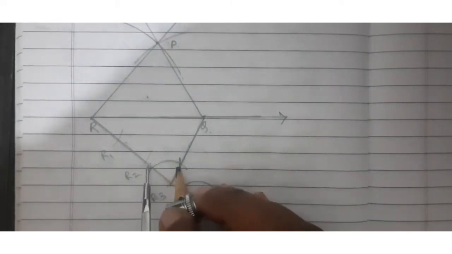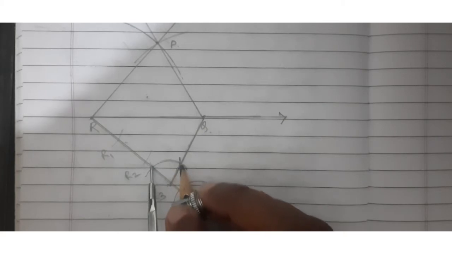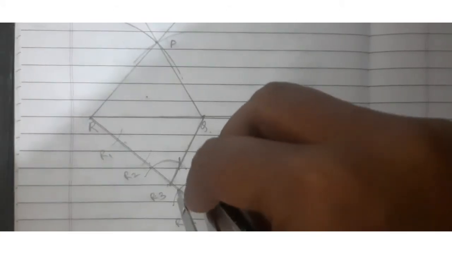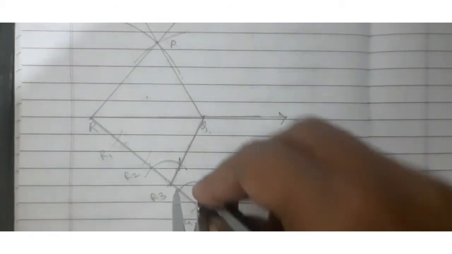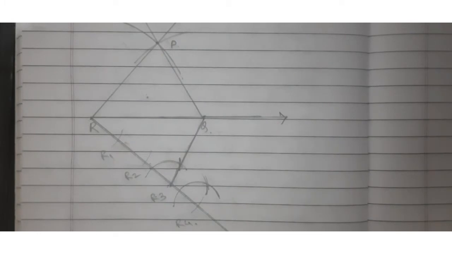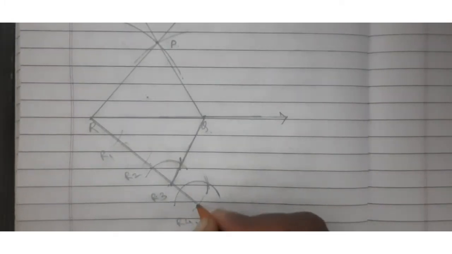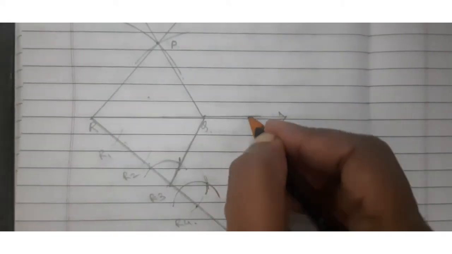Fine. Now after measuring the distance, you have to keep the pointer on the second arc wherever it is intersecting ray R4 and intersect that arc. Right? Now you have intersected. Now you have to join this point R4 and draw a line which will be joining RQ at one of the points.